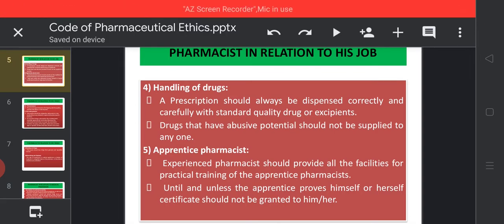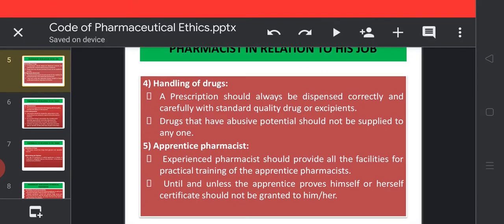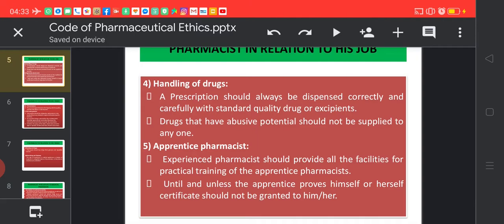So, to maintain, to regulate apprentice pharmacist, definitely प्रायर बेसिस ये होना चाहिए कि पहले तो हम एक्सपीरियंस फार्मासिस्ट लेंगे, सो दैट फ्रॉम दैट पर्टिकुलर एक्सपीरियंस फार्मासिस्ट all practical training to the apprentice should be fulfilled. All the conditions regarding the practical training to the apprentice pharmacist can be well maintained.